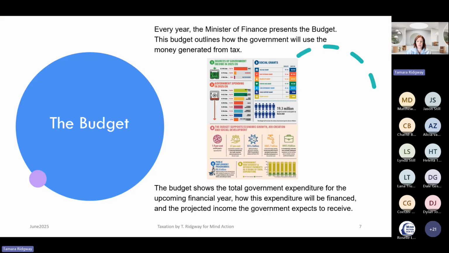Every year, the Minister of Finance presents the budget. This budget outlines how the government will use the money generated from tax. And I've been so fortunate in that I always landed up teaching this topic round about when the budget speech was coming out.